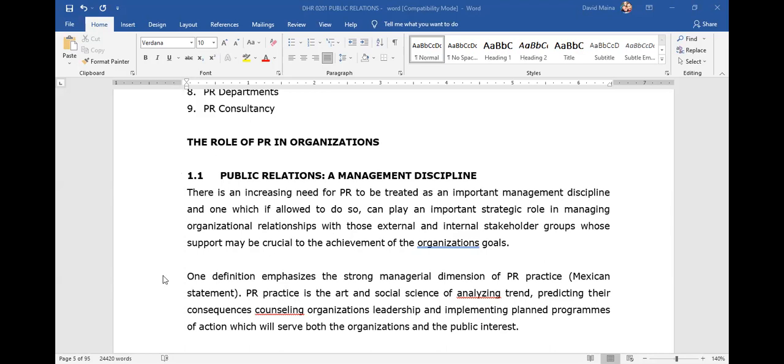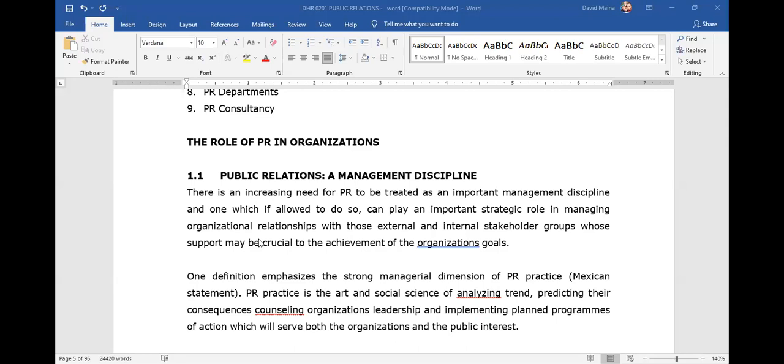So we are saying that there is an increased need for PR to be treated as an important management discipline, and one which, if allowed to do so, can play a very important strategic role in managing organizational relationships. For example, in case the president goes to Hilton Hotel, the people who follow the president mostly are the media personnel.